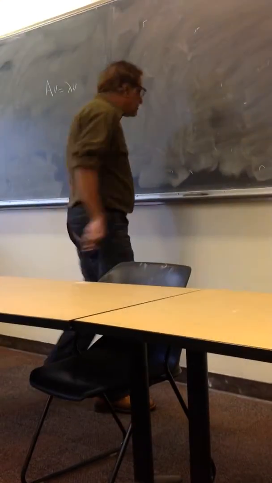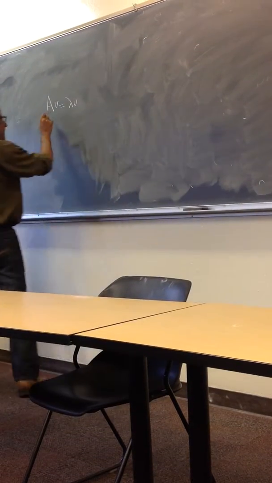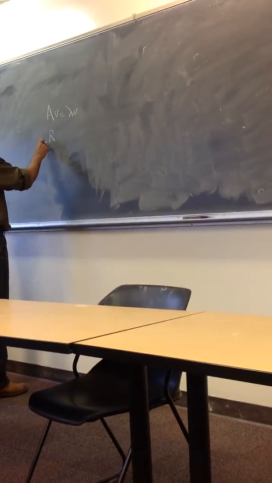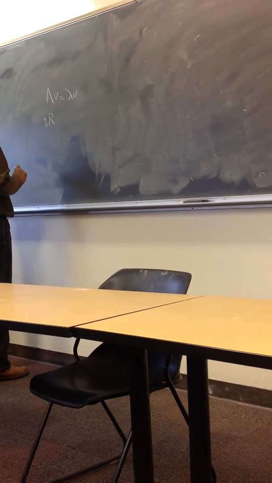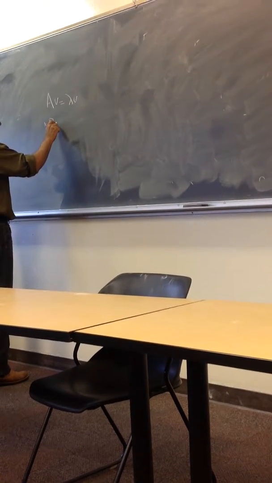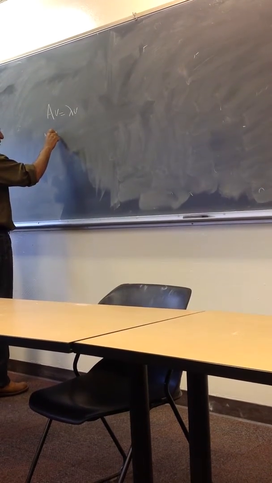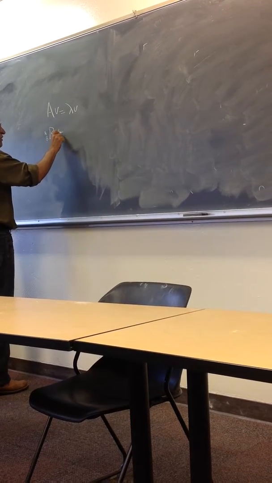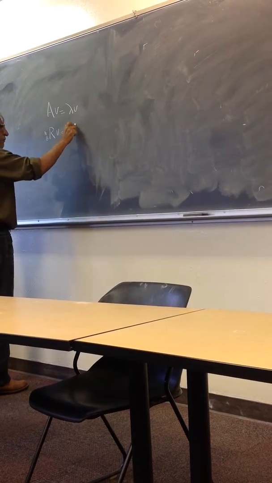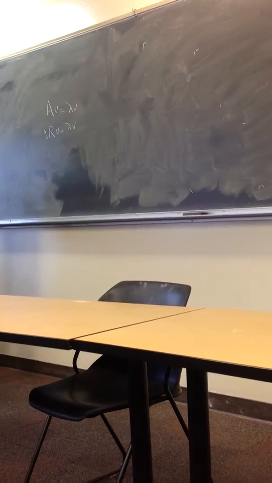So let's say A is actually R B to A, and this is some vector, let's call it V, is equal to lambda times V, right?